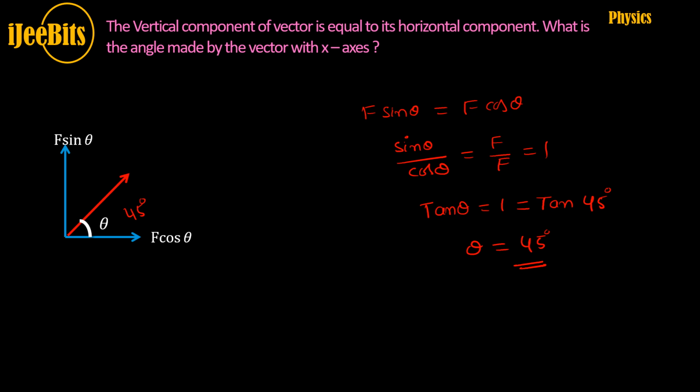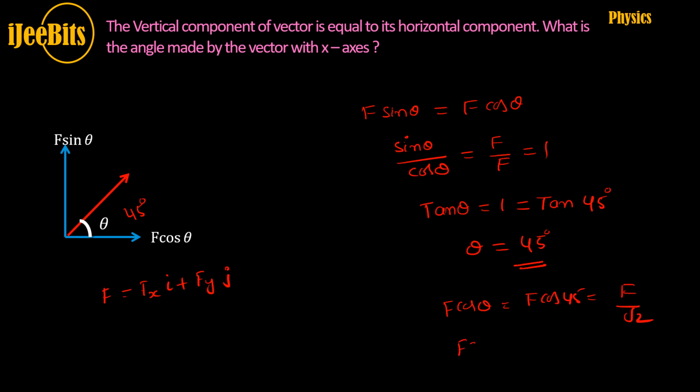Sure. So how do you represent F in vector notation? F equal to Fx i plus Fy j. Fx is the horizontal component, F cos theta, which is F into cos 45. Cos 45 is 1 by root 2, so F by root 2.